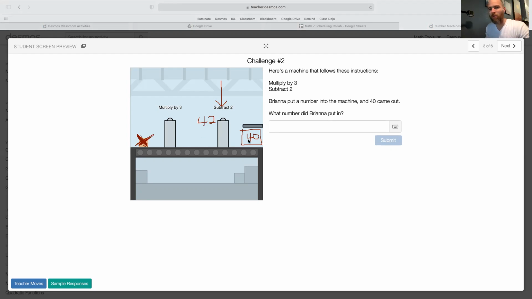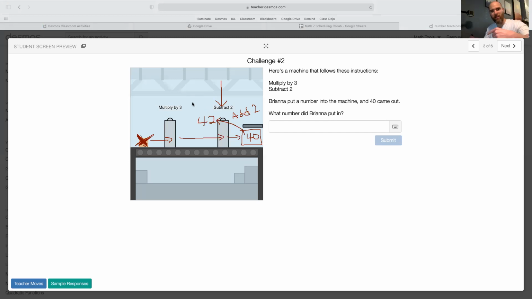If I start with 40, the machine would multiply by 3, subtract by 2, and get me 40. Let me undo that. Let me put the machine in reverse and reverse the steps so I can get back to the number I started from. To get from 40 to that 42, I need to add 2. So I'm doing the opposite of what the machine did.